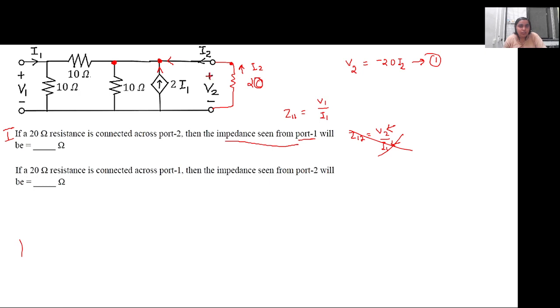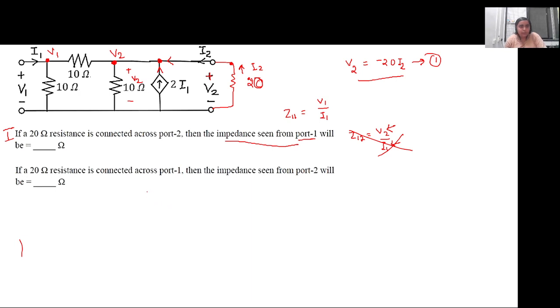Whatever the voltage V2 is across this output terminal is also the voltage across this 10 ohm resistance, similar to before because all of them are connected in parallel. So this node voltage is V2 and this node voltage is again V1, and we will solve this circuit as we did in the previous case, with just an extra condition, that V2 is equal to minus 20 into I2. So let's do it.